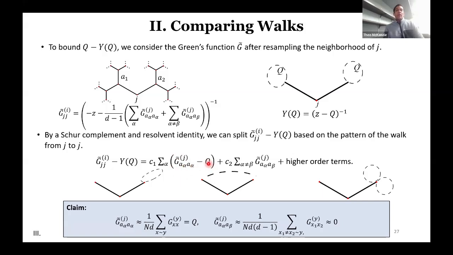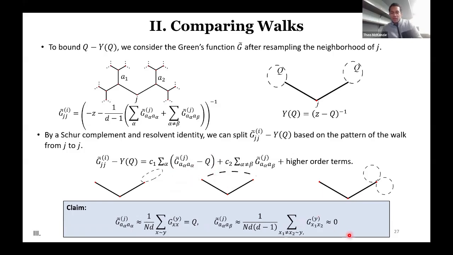And the point is that when I do this random resampling, so when I randomly resample my neighborhood, this term is going to be approximately like if I just took a random edge in my graph and then took the value of G x x remove y. And the point is that if I actually do a true average of this, it is equal to Q. So this term should completely cancel.